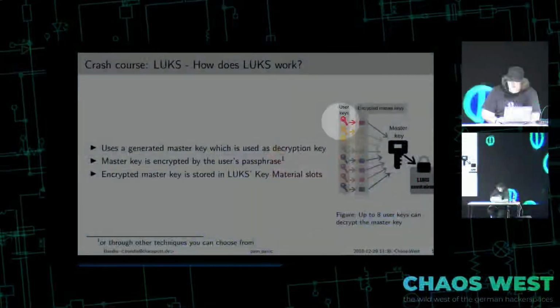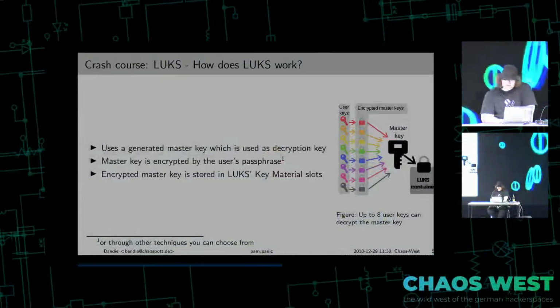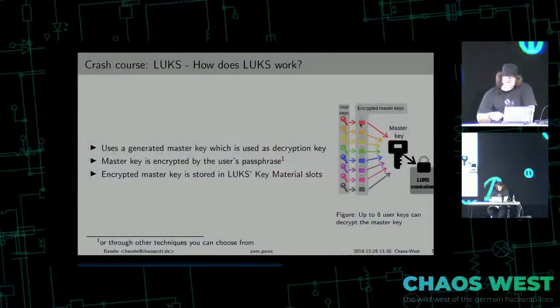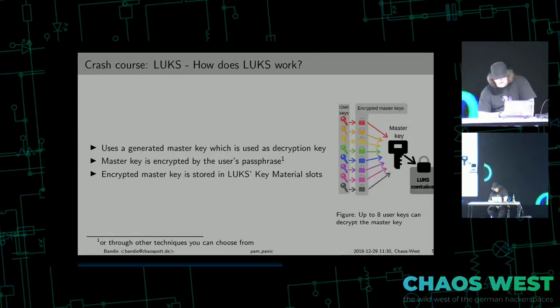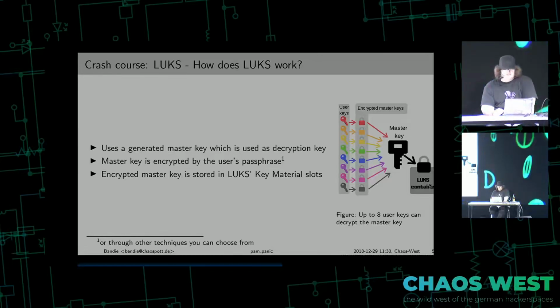Those key slots are for the user. So the user uses their key, maybe a password, maybe something else. If you're an advanced user, you know how to configure it. This is used to unlock the encrypted master key, which is then used to decrypt the LUKS container. That's how it works.